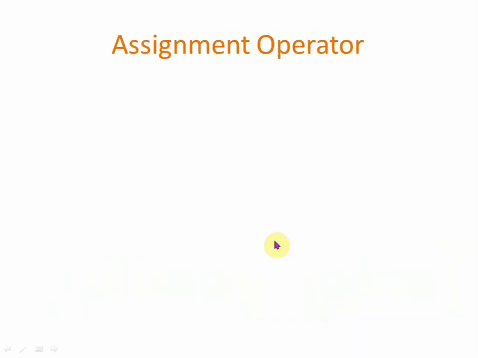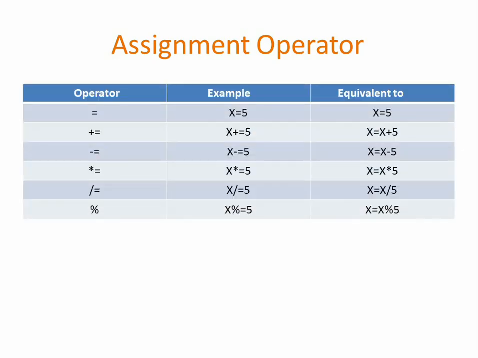Now finally comes the assignment operator, which has the lowest priority. So if x is assigned the value 5, this is equal to this. You can write this. But if you search for some program in Google and they use these kinds of things, you must know that this is this.